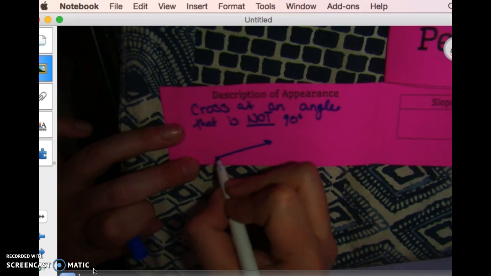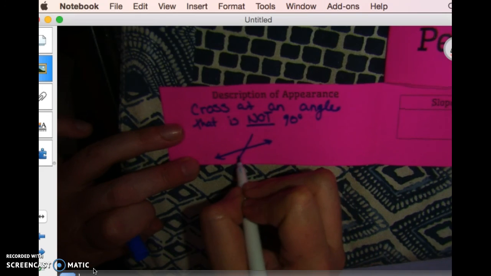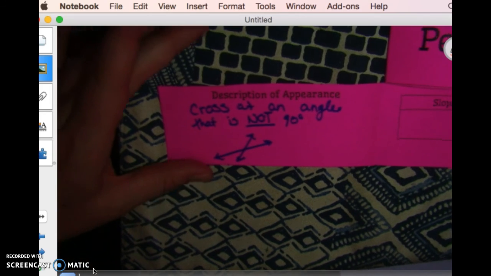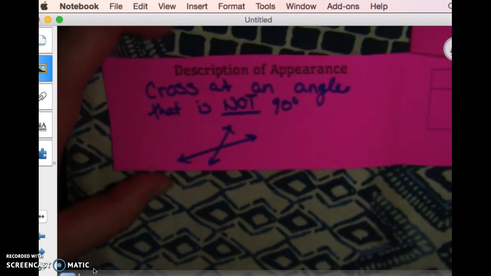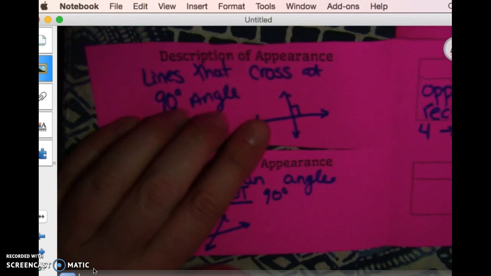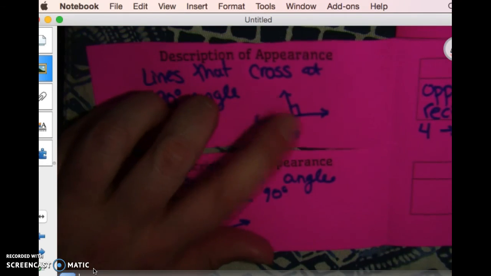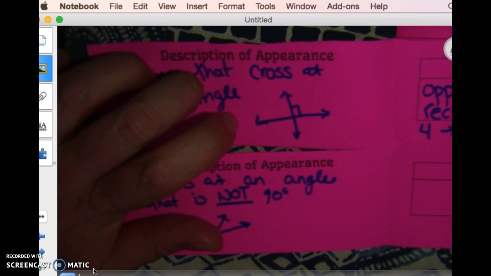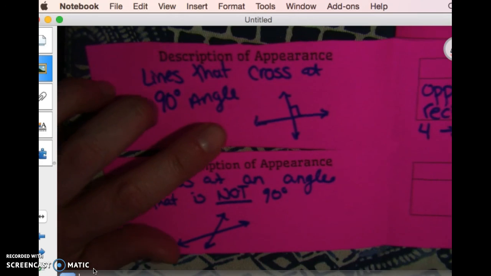So just draw two lines just crossing. They can be crossing acute and obtuse, cross at 90.1 degrees or 89.9 degrees, but it has to be that 90 degrees. Did everybody make sure, I forgot, that for perpendicular you have that right angle box in? Go back up and make sure your perpendicular has that right angle box in.